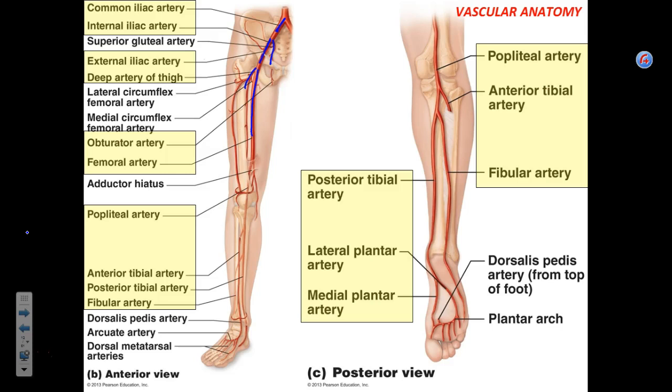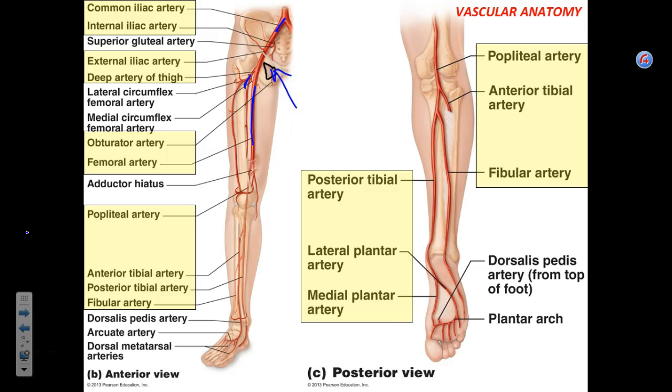Here, you have deep artery of the thigh and femoral. One of the branches of internal iliac is obturator artery. The obturator nerve and the obturator artery are fairly easy to remember because they go through the obturator foramen. So that's obturator artery.